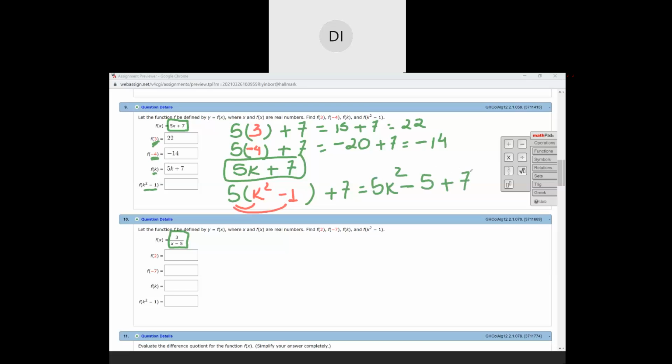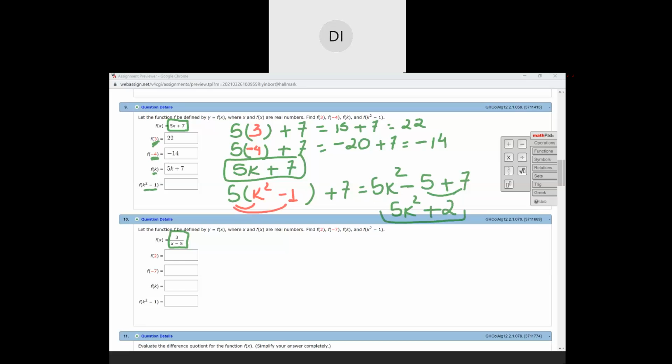Now, can you simplify something here? No. Yes, you can. You can do the numbers. You can add the numbers. I mean, yes, you're going to keep 5k squared. You're keeping that. But you can do 7 minus 5, which is 2. So that's what they say, simplify.